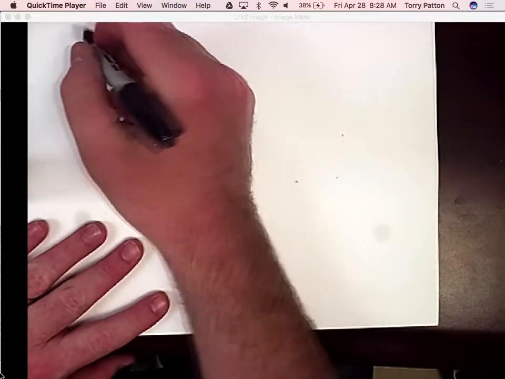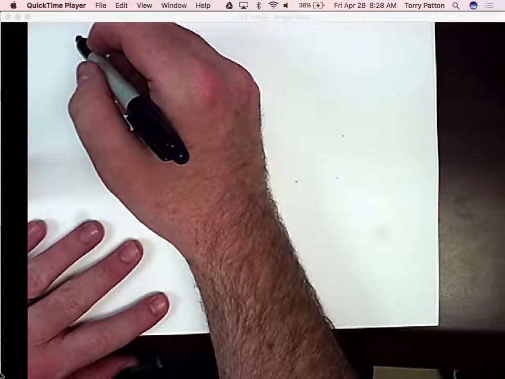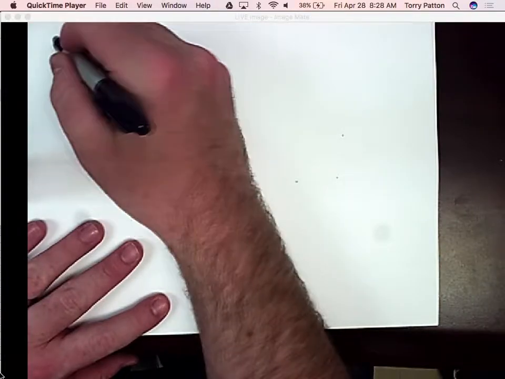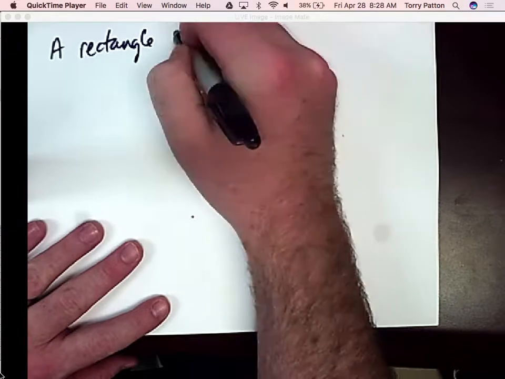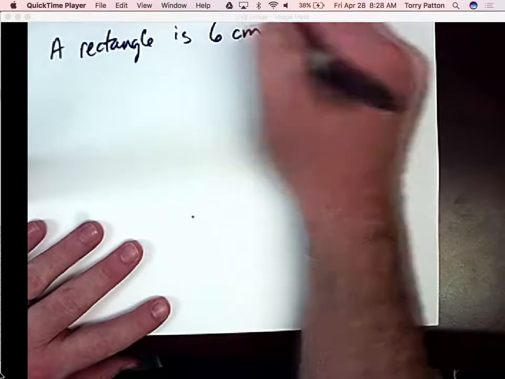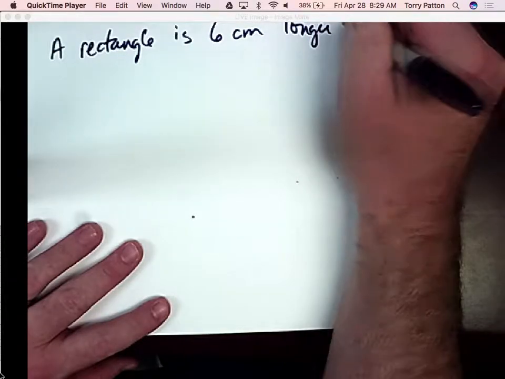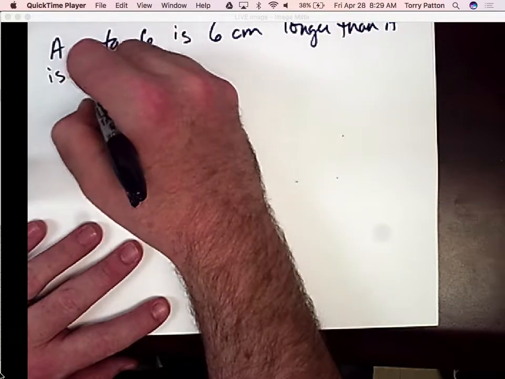Let's do 2 more. First one is a word problem. A rectangle is 6 centimeters longer than it is wide.